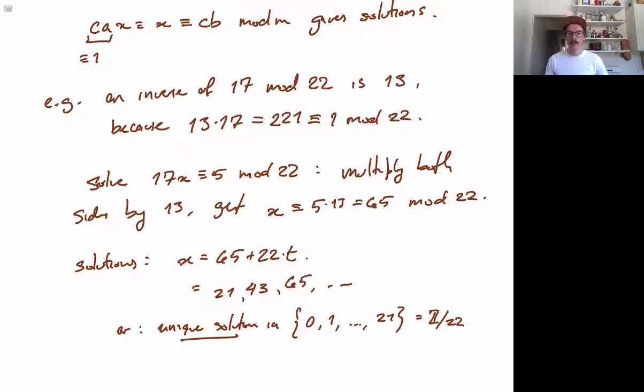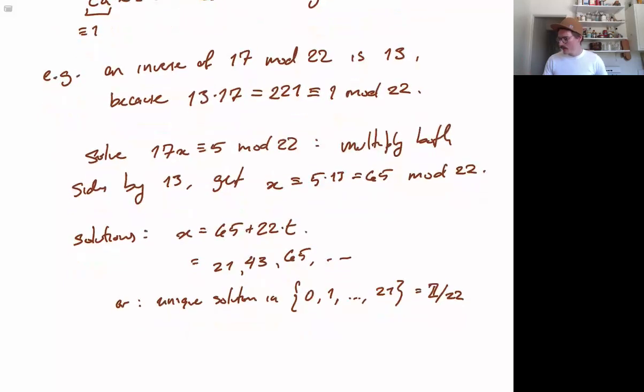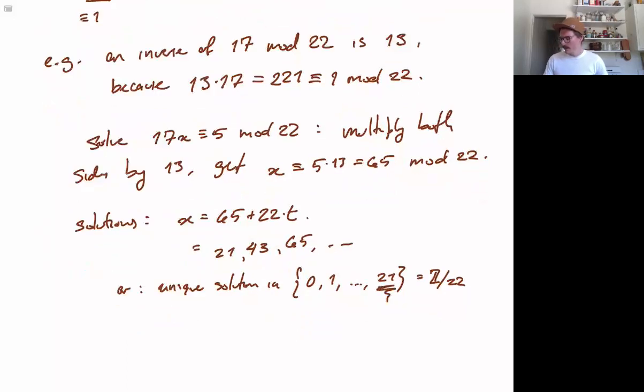If we have a solution, it will be unique mod 22. So in this case, 21 is the unique solution mod 22. So here is how we solve linear congruences.